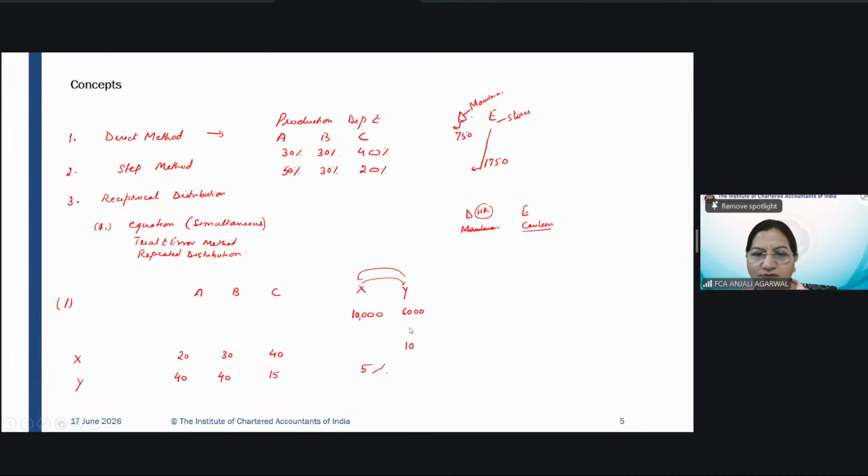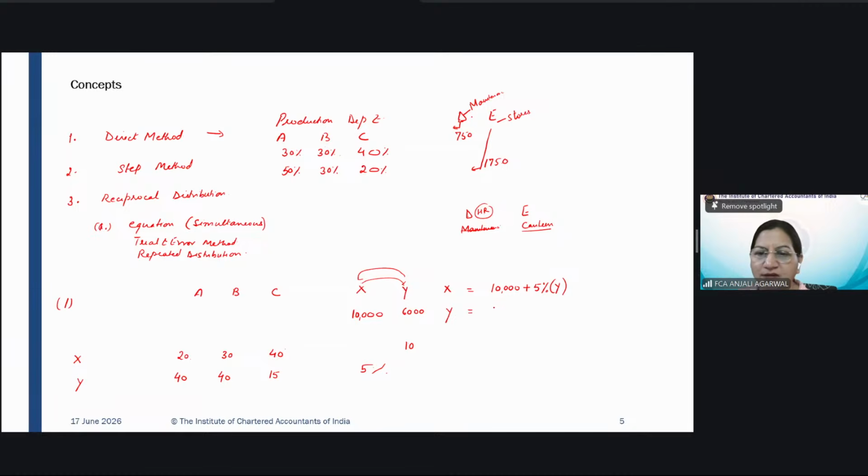So how will we solve using simultaneous equation? The total of X is 10,000 plus it will get 5% of Y. And what is Y?